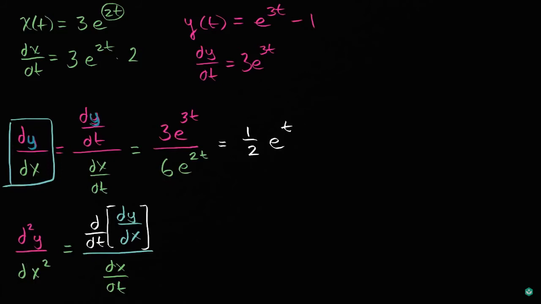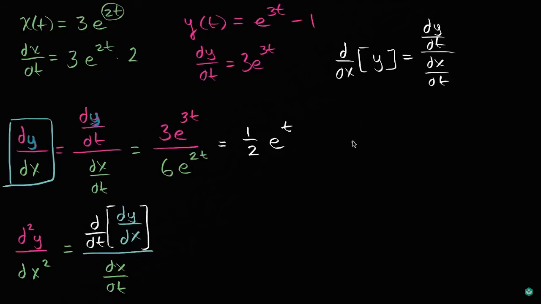Actually, let me just write it down out here a little bit clearer. What we really want to do is find the derivative with respect to x. When we wanted to find the derivative with respect to x of y, that was equal to the derivative of y with respect to t over the derivative of x with respect to t.